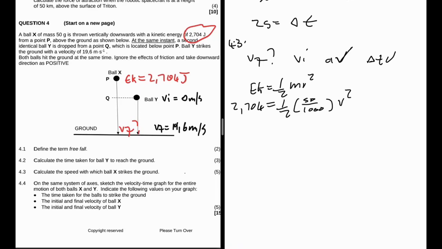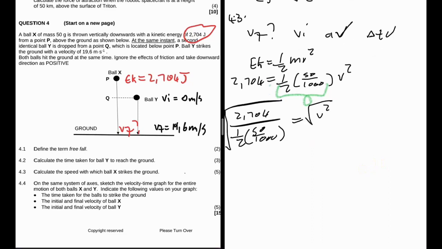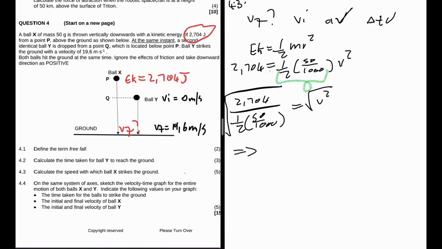So dividing both sides by this expression, we're going to get 2.704 divided by half times 50 divided by 1,000. And then we can take the square root on both sides, and you will end up getting a velocity of 10.4 meters per second.